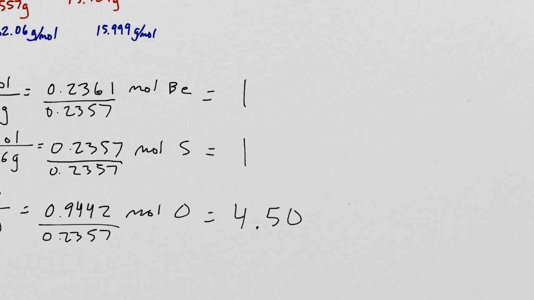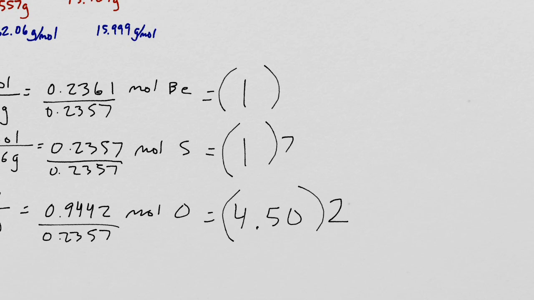We need to multiply all of them by something that's going to give whole numbers again. If we multiply everything by 2, 2 times 4.5 is going to give us 9, and then we'll get whole numbers again.